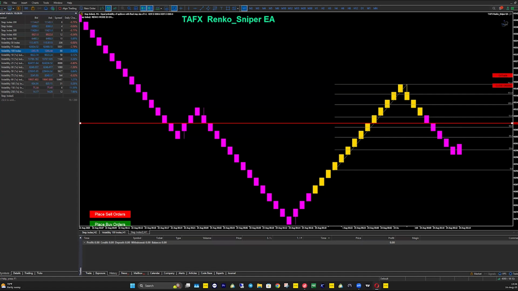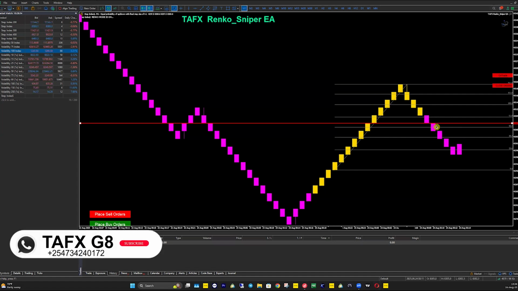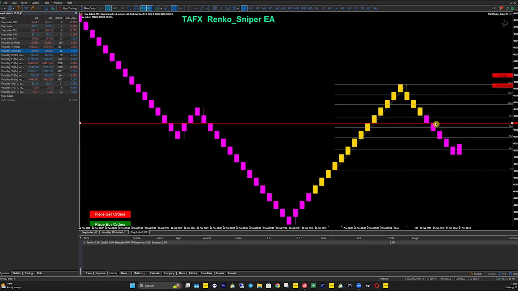Now, when the first brick has closed with magenta, the second brick here is our entry point. This is a supreme brick, a brick that gives us a signal, so the EA will open the trade here automatically.